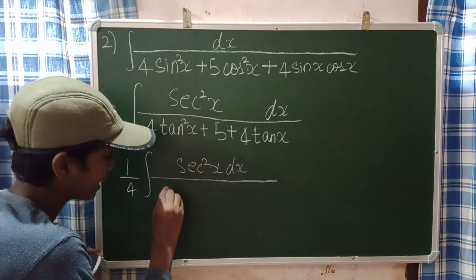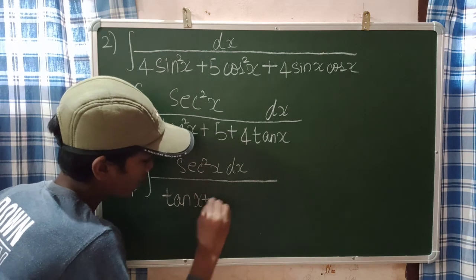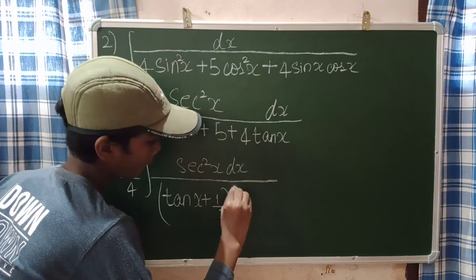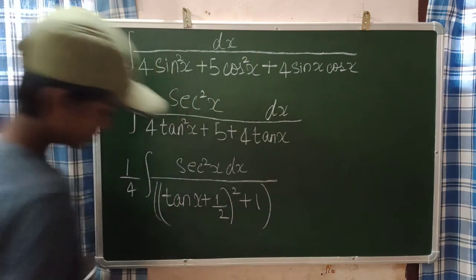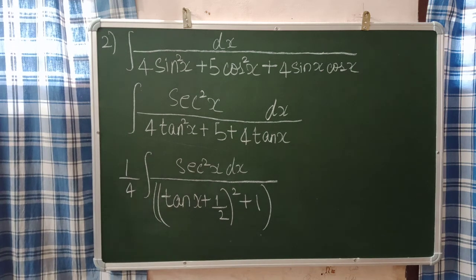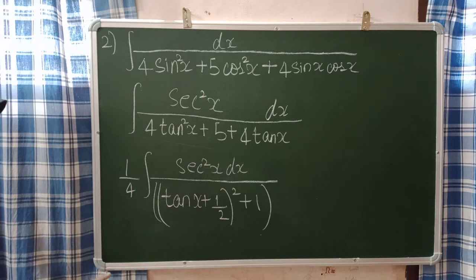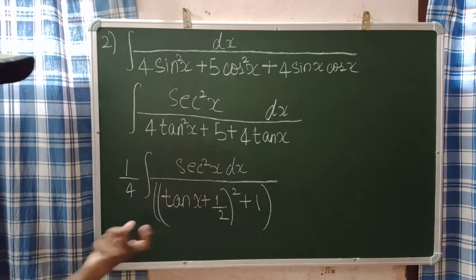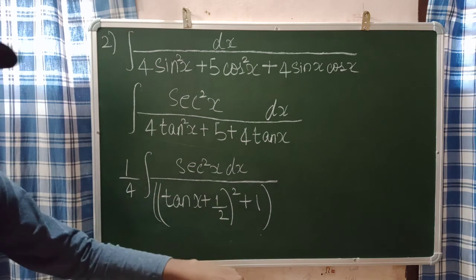I can write this as tan x plus 1 by 2 whole square plus 1. Can't I write like this? I can write this integral as 1 by 4 into integral of secant square x dx, with the denominator tan x plus 1 by 2 whole square plus 1.